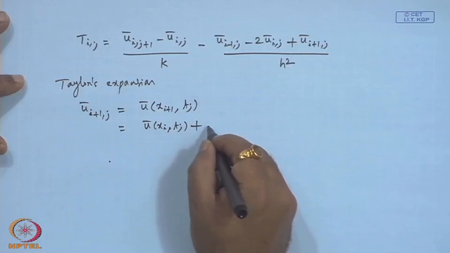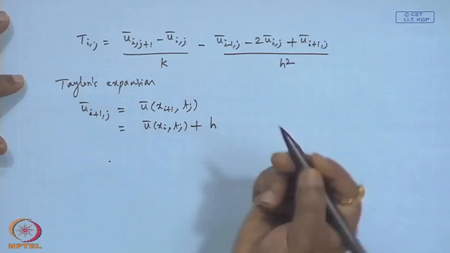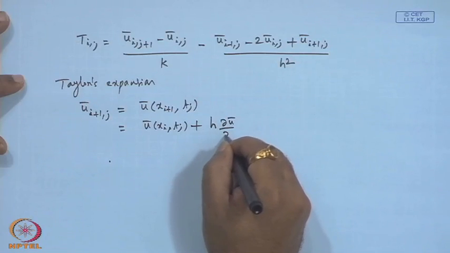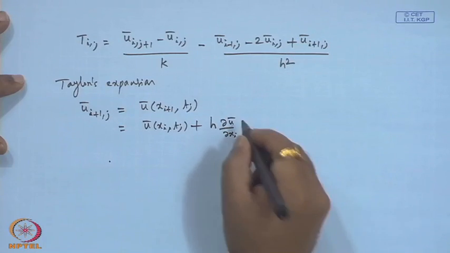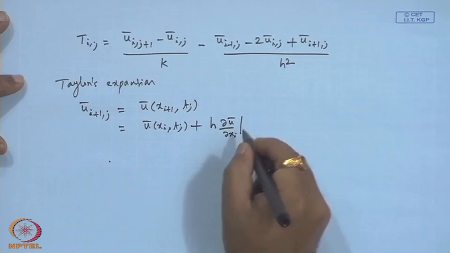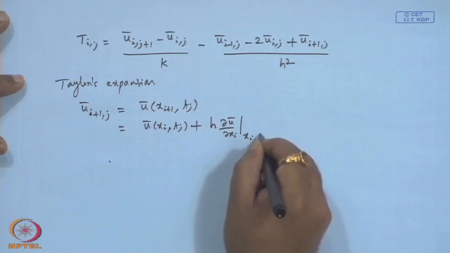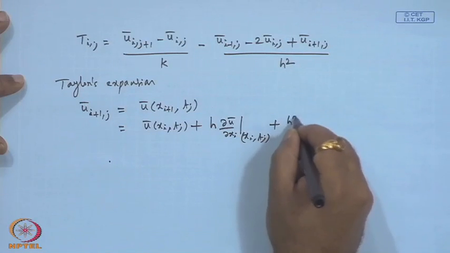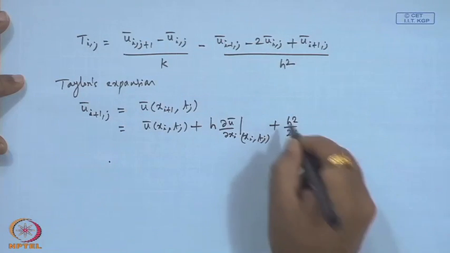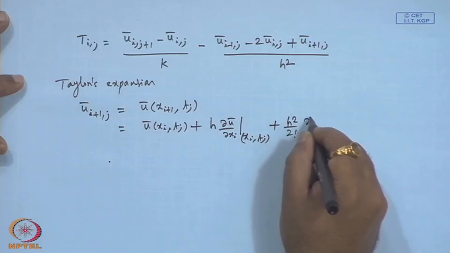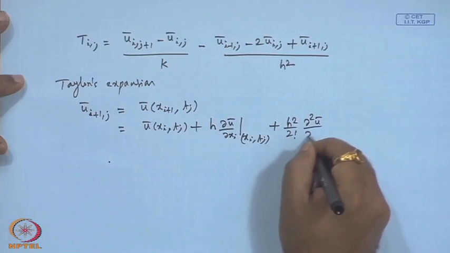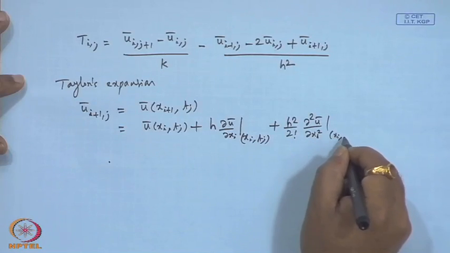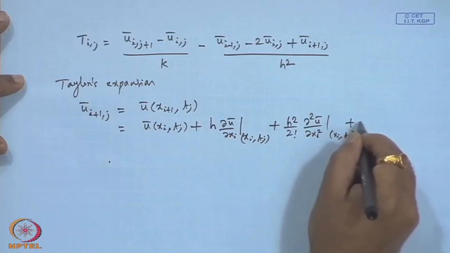so I am using h notation instead of delta x. So, h, of course, this is evaluated at, plus h square by 2 factorial, this is evaluated at t_j.